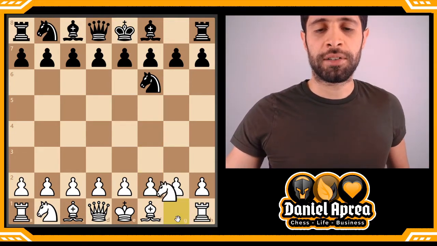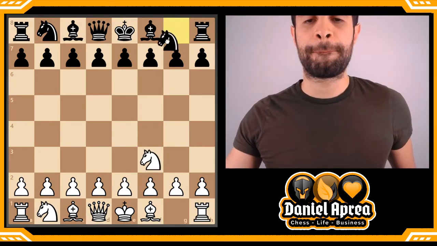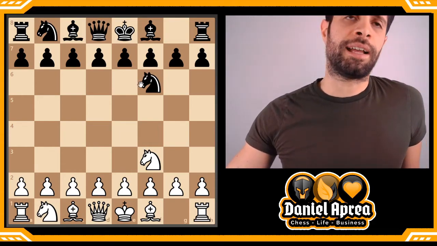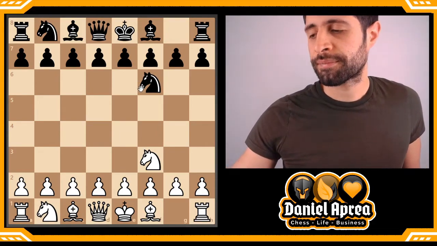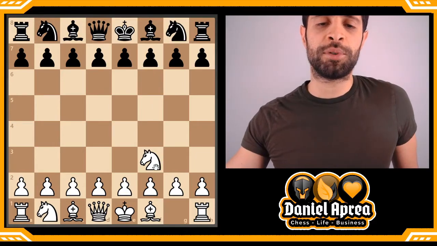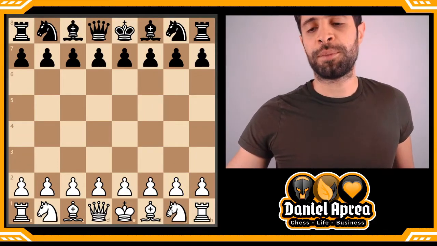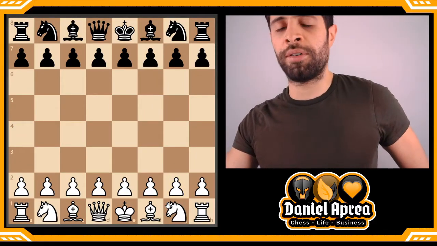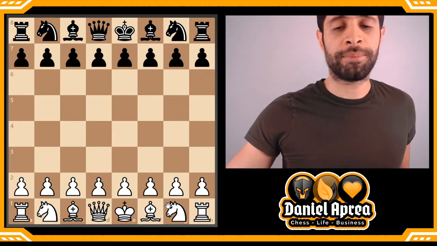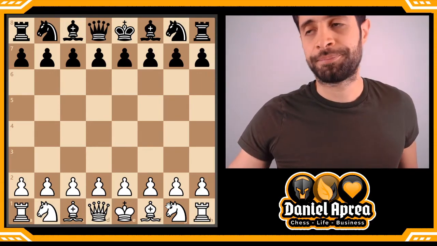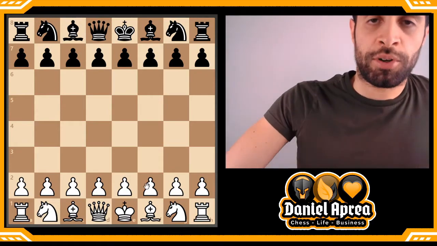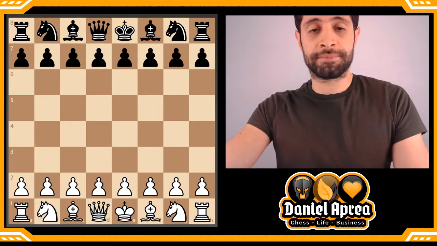So this is 1 move. 50 each, so 100 half moves, which is 50 moves. If 50 moves are played where no pawn is captured or moved and no piece is captured, then the game is a draw.